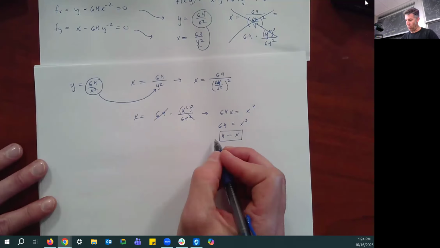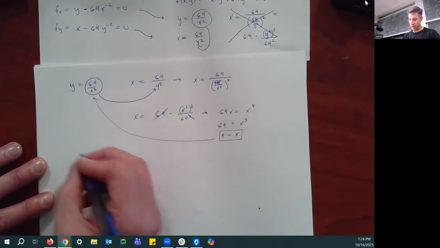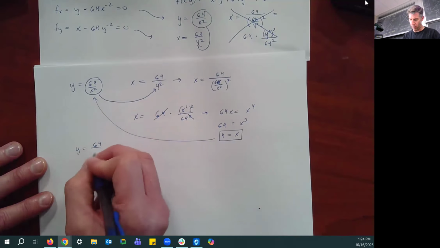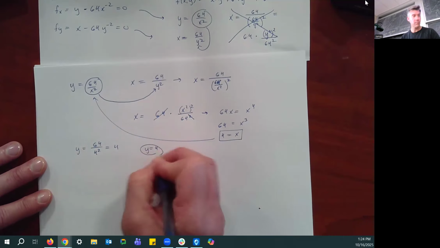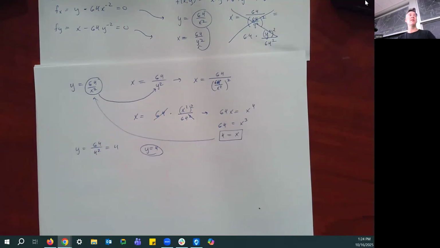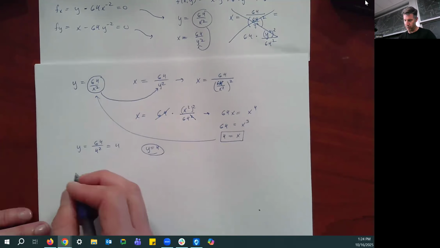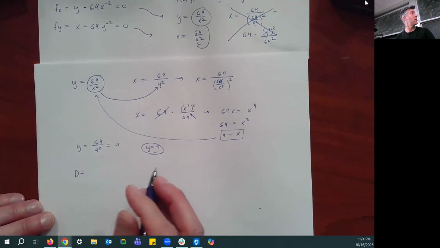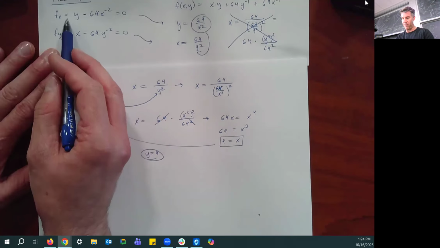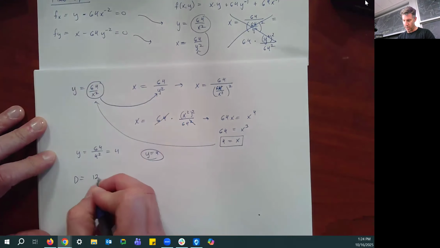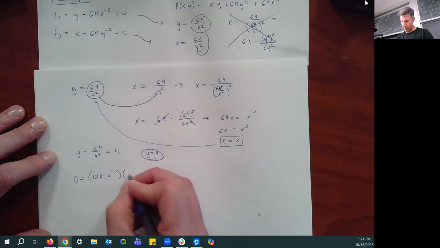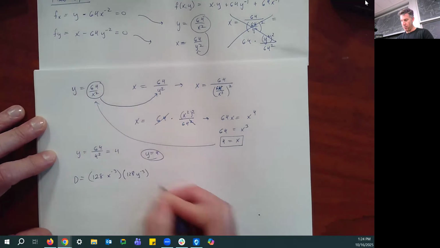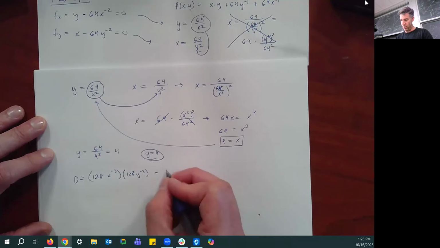Go back and plug that in to find y. Not surprisingly, y is going to be 64 over 4 squared, which is 4 as well. Do we need to check that this is what we think it is? It's probably not a bad idea. So let's find our capital D, which is equal to fxx times fyy minus fxy squared. fxx is 128 times x to the negative third, fyy is 128 times y to the negative third, and fxy is 1, squared.